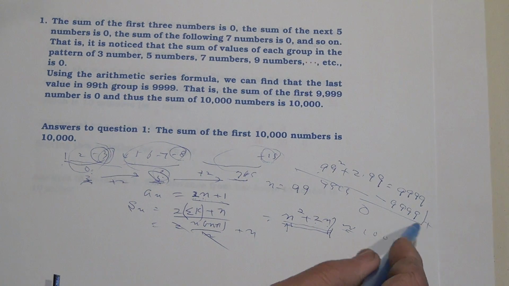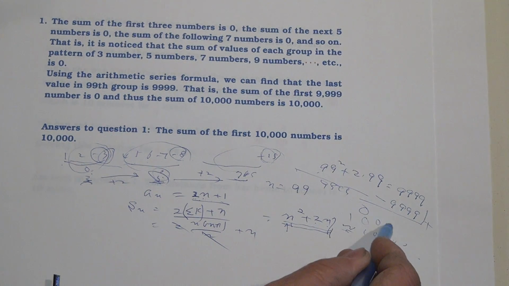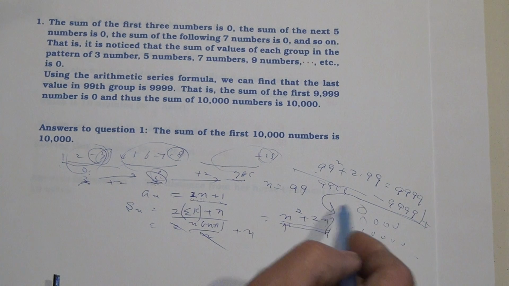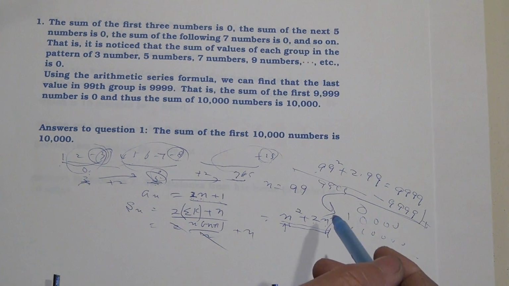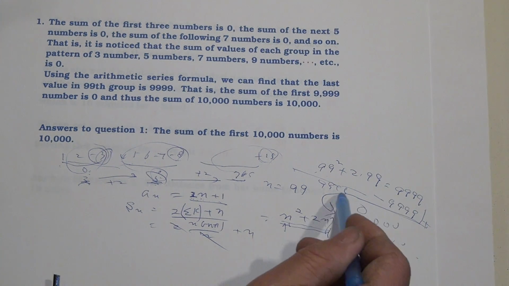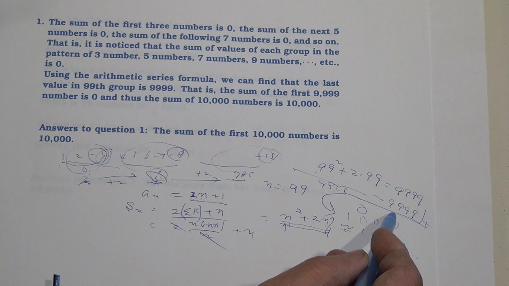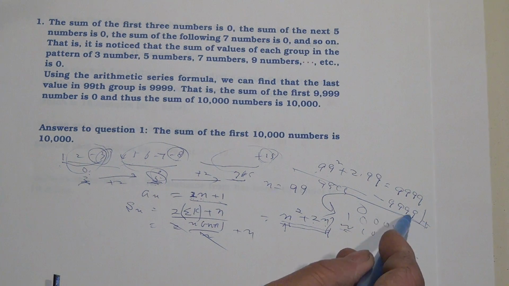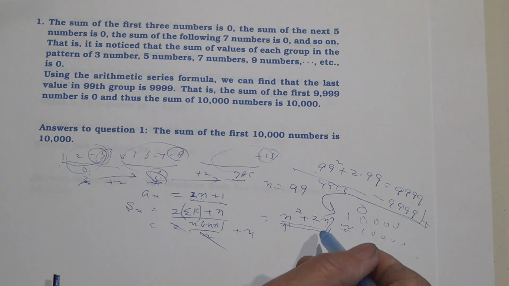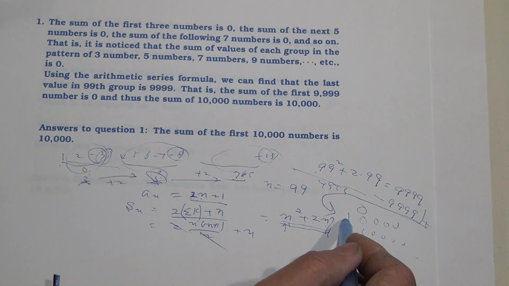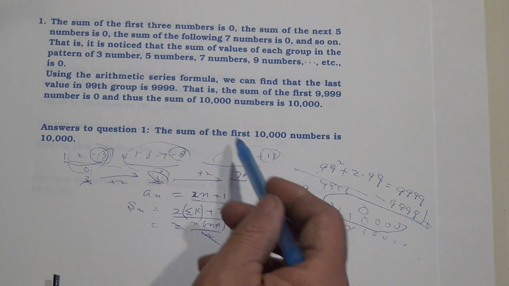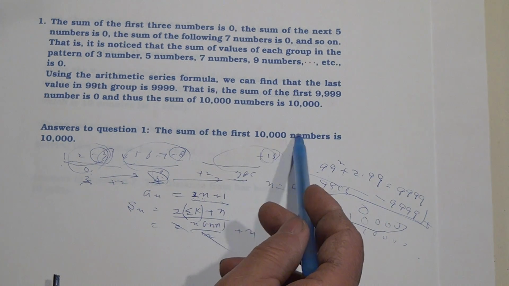Then the next term will be 10,000, because up to the 99th group the last value is 9,999 and all of them make zero. So only one number is left, which is 10,000. For this question, the answer is 10,000.